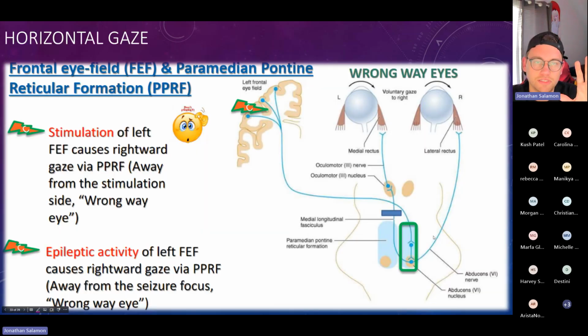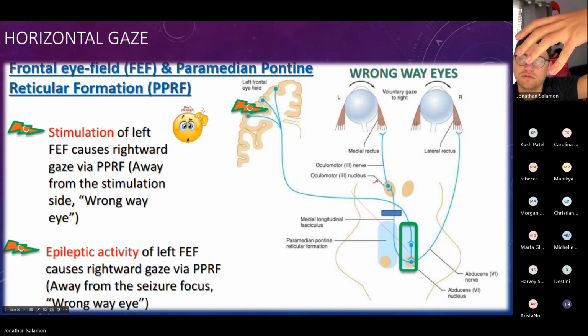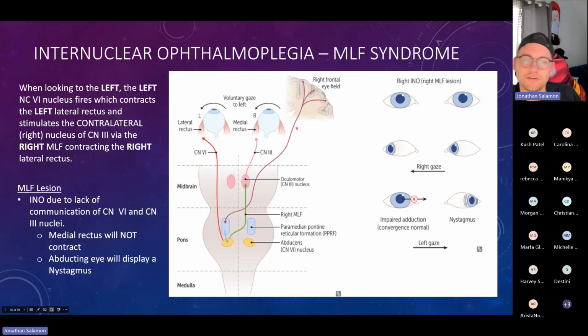What actually happens is, and this is talking about seizures, but it helps, it immediately crosses over, and my left frontal, like the left part of my brain, is telling my eyes to move. This isn't what I want. This is what I want, right? So we switch sides.